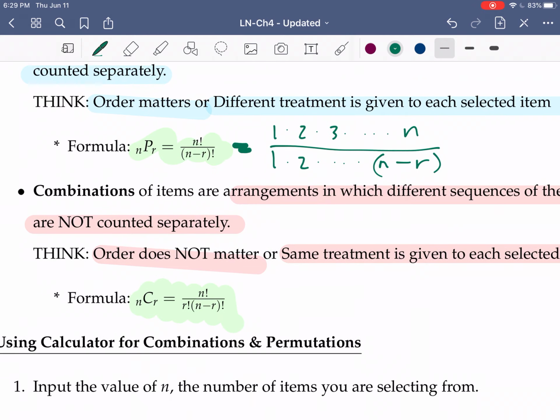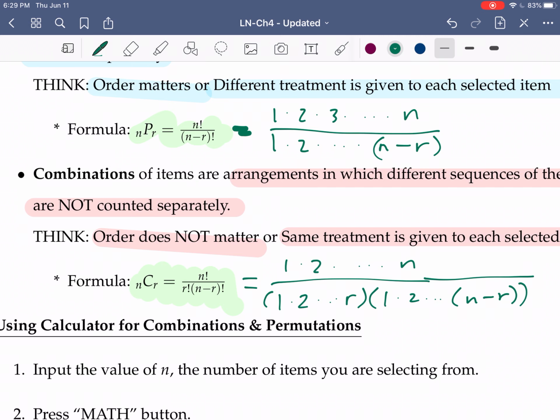On the second one, you would have the same thing on top. On bottom, you'll have 1 times 2 all the way up to r, and then you'll have 1 times 2 all the way up through n minus r.